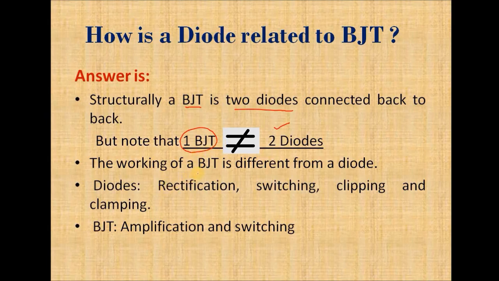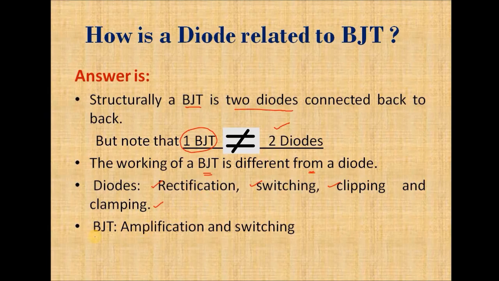So the working of a BJT is completely different from a diode. We normally use diodes for rectification, switching, clipping, clamping, and many more purposes. However, one thing that is missing in a diode is amplification.